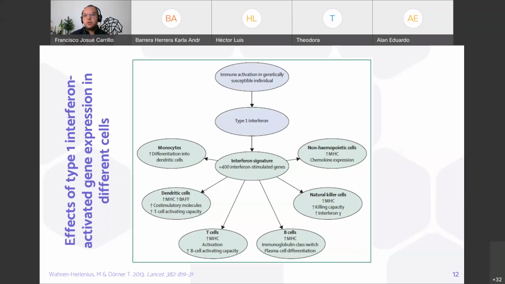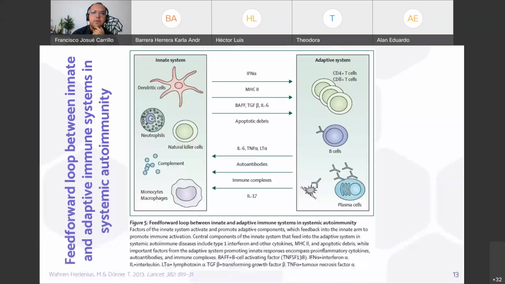And the B cells, of course, contribute to the production of autoantibodies, which is very important. So we have bidirectional communication, or contributions, from both sides of the immune response.